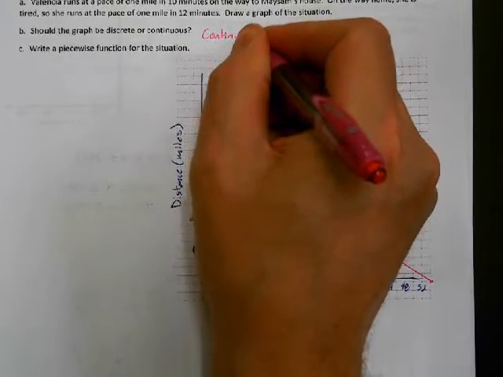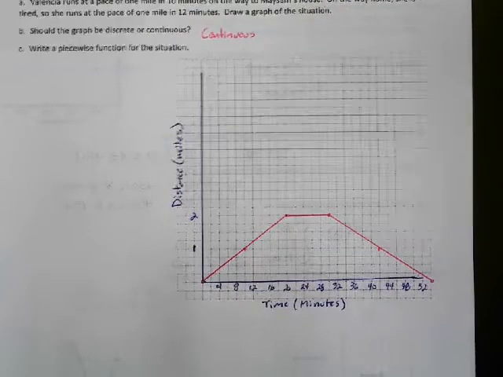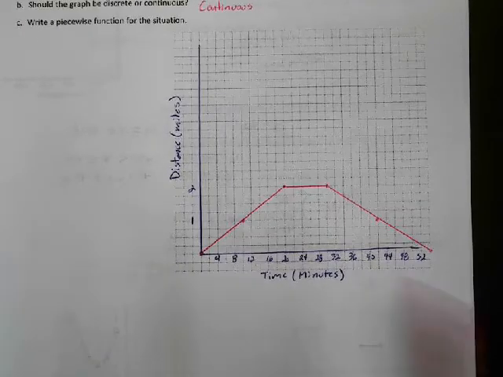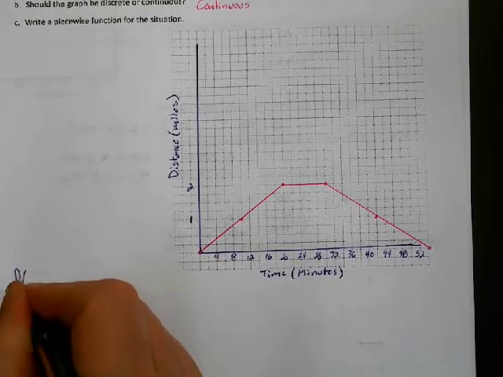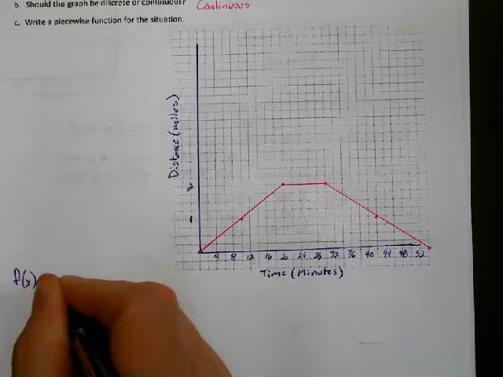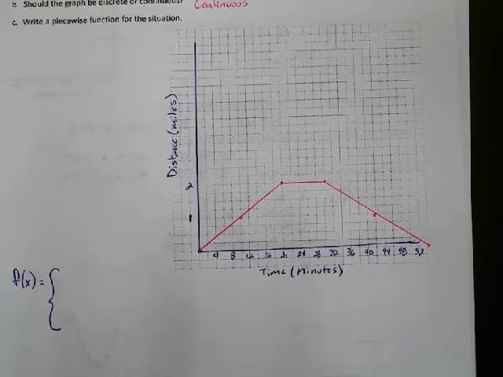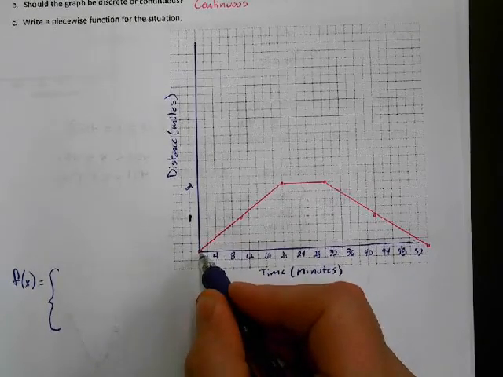All right, write a piecewise function for the situation. So for our piecewise function, I'm going to say f of x equals, and the really pretty doodly, I don't know what that is. So at first, my y-intercept is 0, and my slope is up 1 over 10.